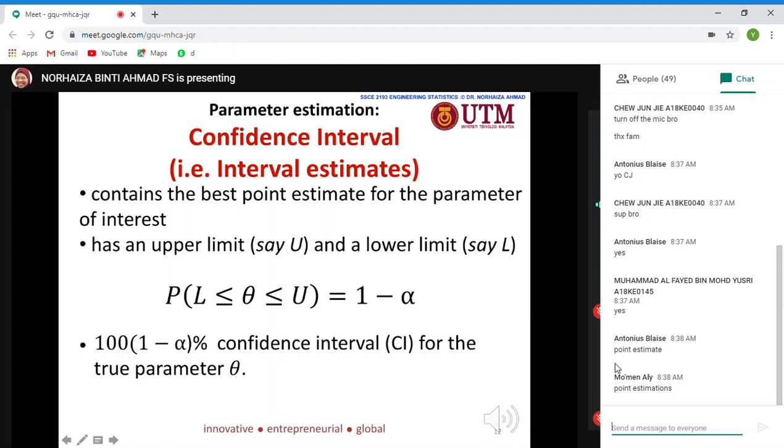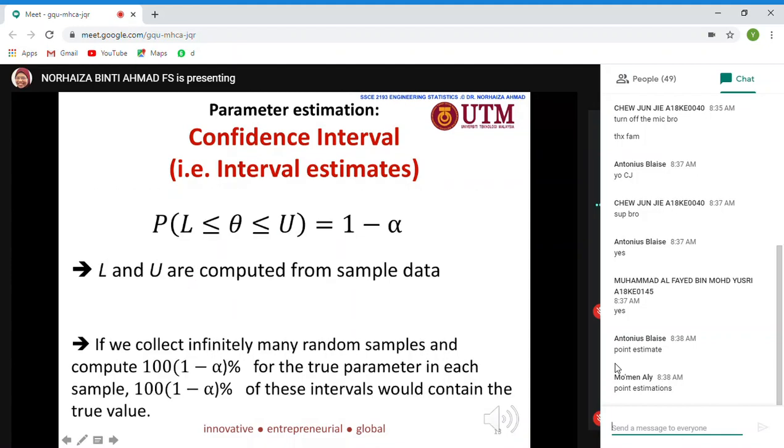For example, 99%, 98%, 95%. So 1 minus alpha is high to reflect the confidence that you have that the parameter would lie between the boundaries of lower and upper limit. What this probability means is that if we collect many samples, the proportion of these samples whose interval contains the parameter, between the lower boundary and upper boundary, is going to be 1 minus alpha.